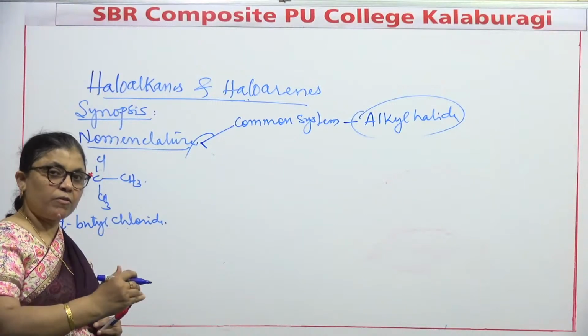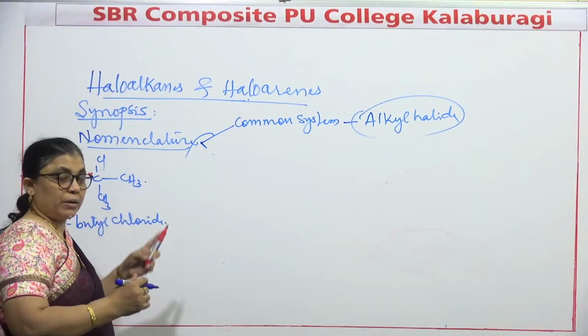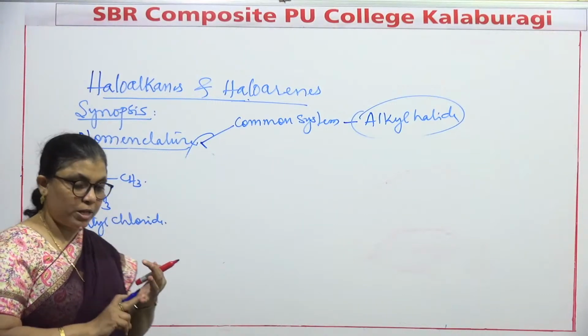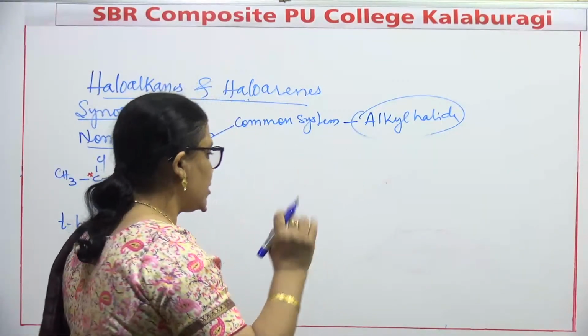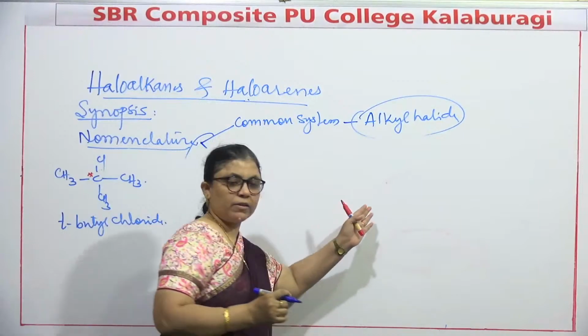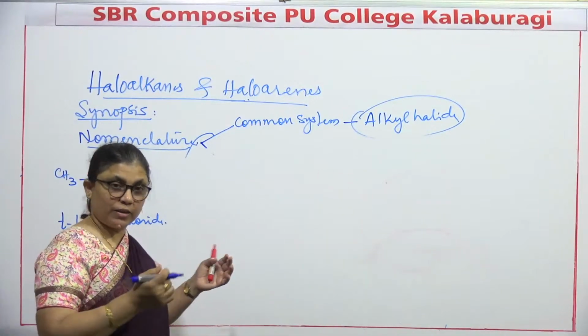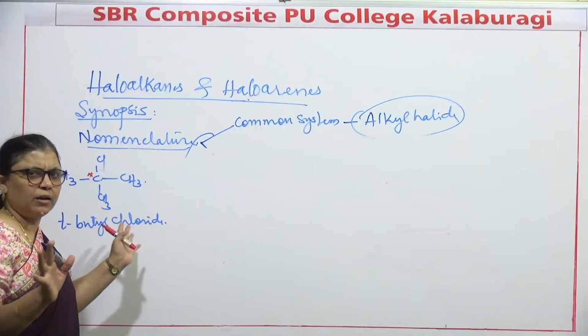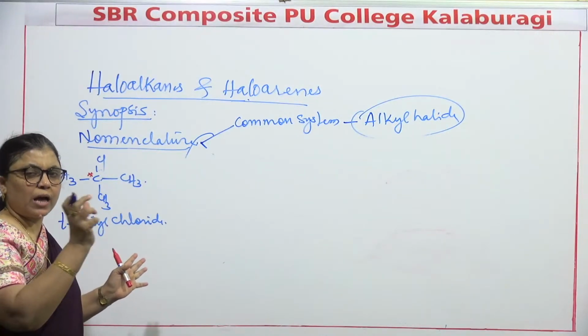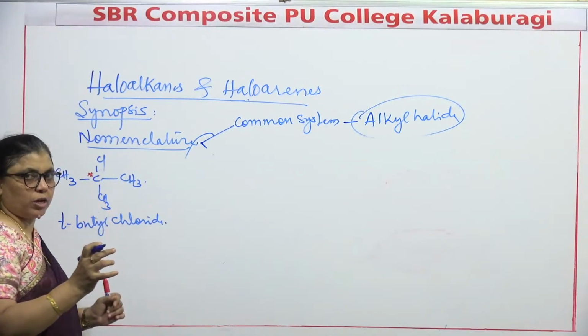As I said in the previous class, in the normal chain, carbon atoms are arranged in an open chain; CH3, CH, CH3 is iso, CH3, CH, CH2, CH3 is secondary, and CH3, C, CH3, all branches, all carbon atoms around the carbon containing the halide, is tertiary.